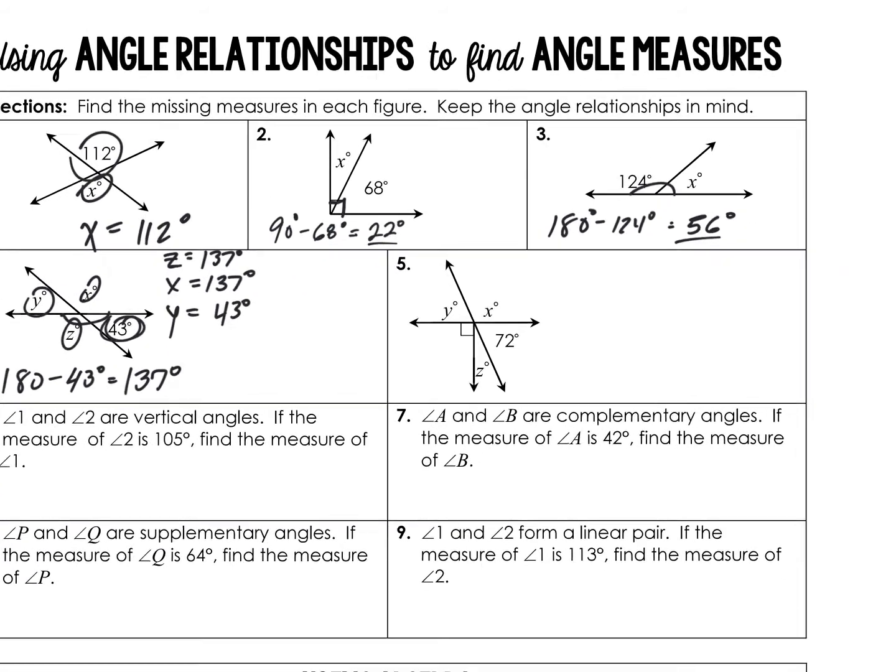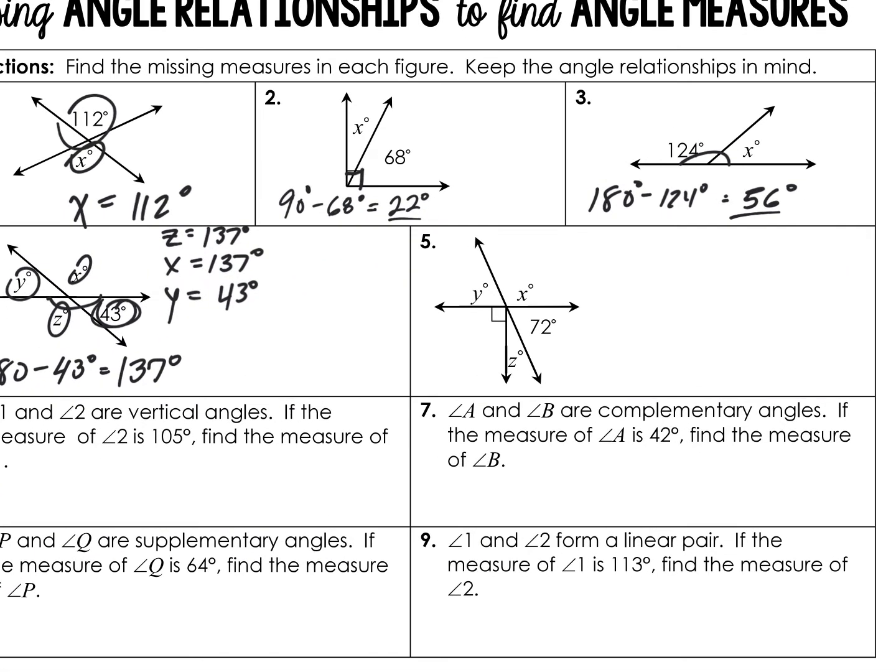Number 5. Y and 72 are vertical, so y equals 72 degrees. X is a straight angle with y, so x equals 180 minus 72, which is 108.